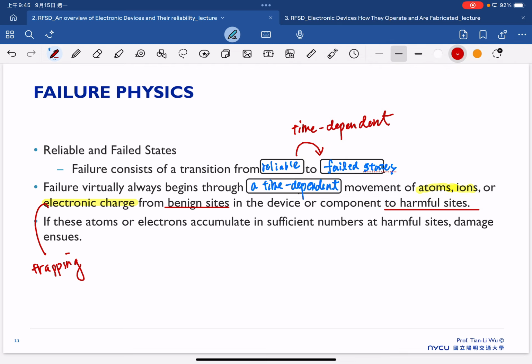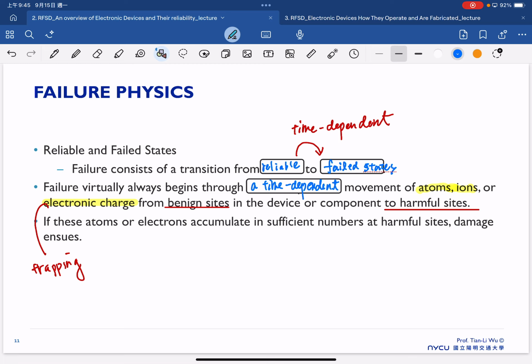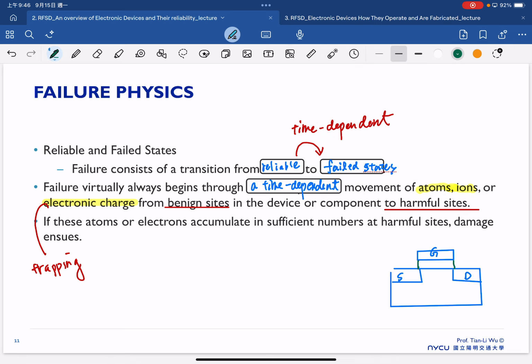For example, one of the well-known reliability issues: if you look at the typical MOS structure, as we already illustrated, this is the source, drain, gate, and below the gate is a dielectric.